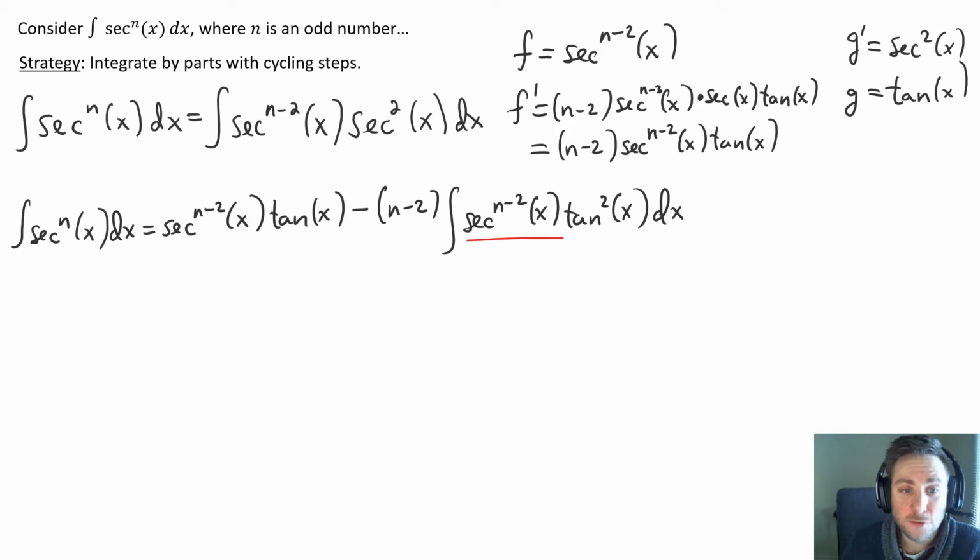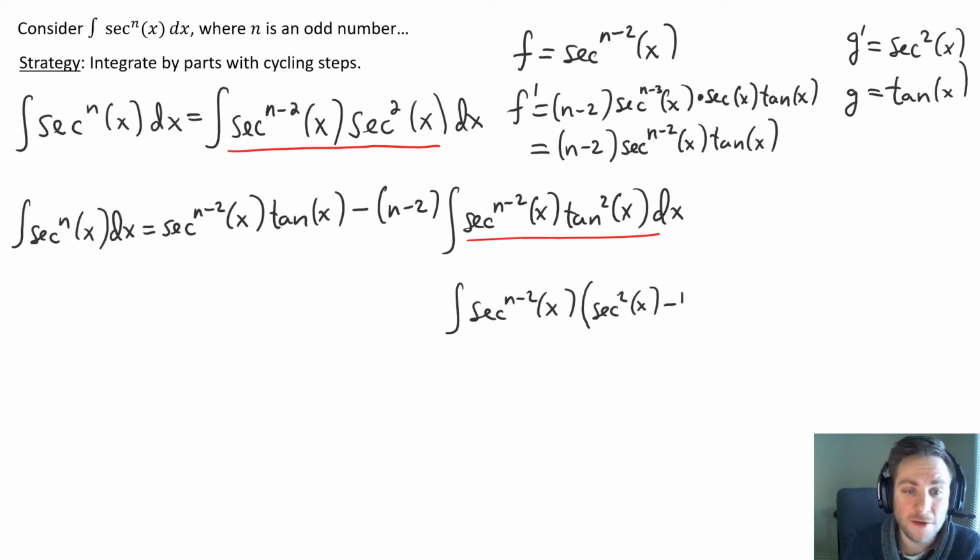Now, the integral we've ended up with is secant to the n minus 2 tan squared, but the integral we started with is secant to the n minus 2 sec squared. So for cycling to happen, tan squared needs to be changed into sec squared. No problem, because we have an identity that can do that for us.